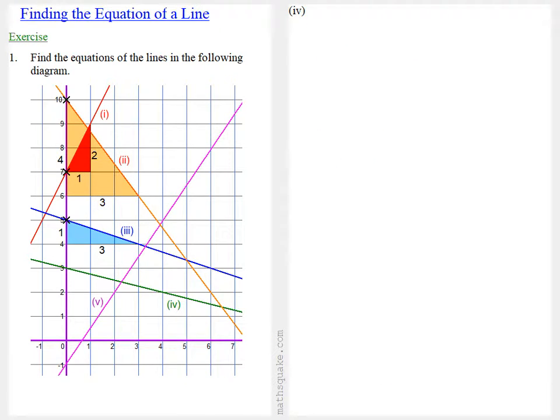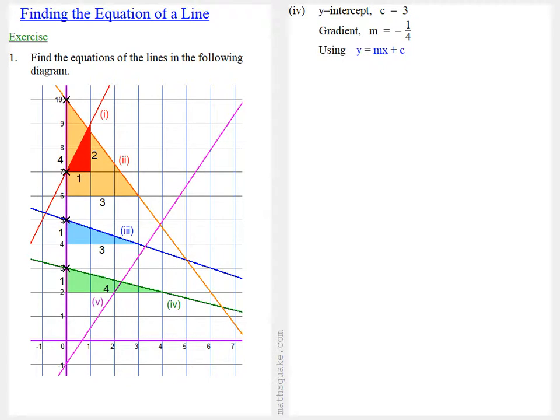Now, for line 4, we notice the line crosses the y-axis at 3, so the y-intercept, c, is equal to 3. To find the gradient, we draw a triangle under the line. The base is equal to 4 and the height is equal to 1. But the line is sloping downwards, so the gradient is equal to minus 1 over 4.